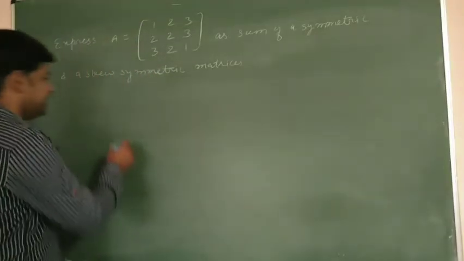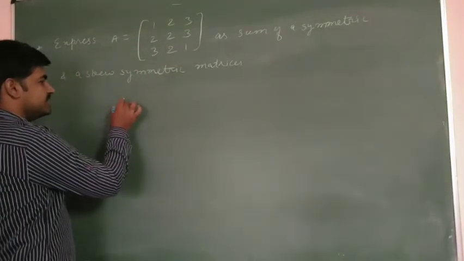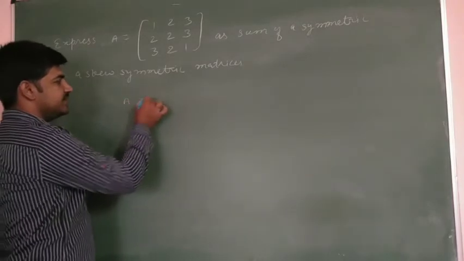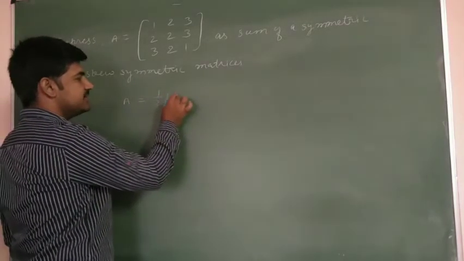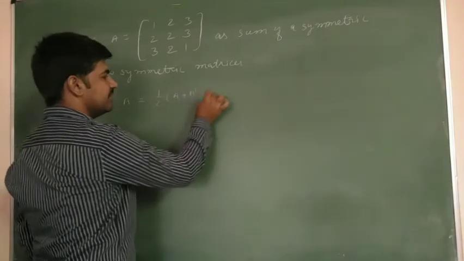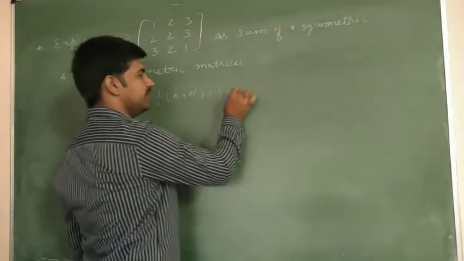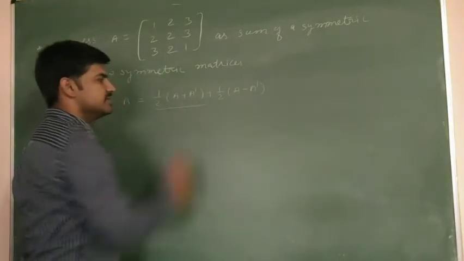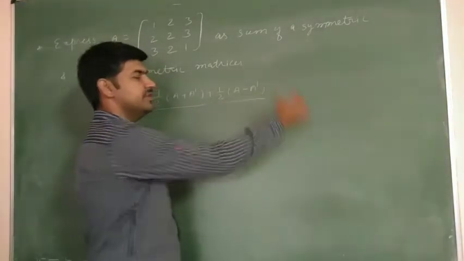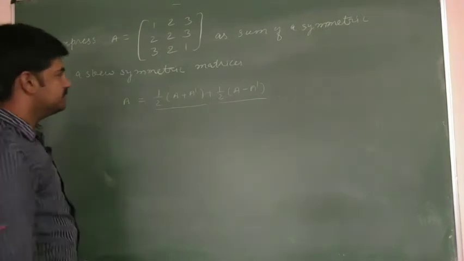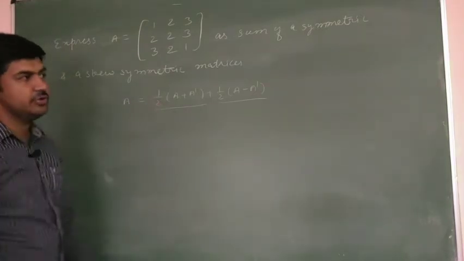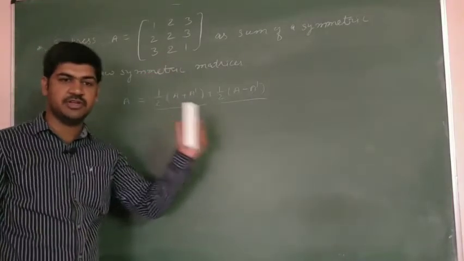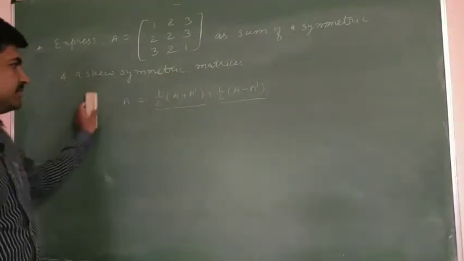So see, there I took a square matrix A and we expressed A as half of (A plus A dash) plus half of (A minus A dash), where this one was symmetric and this one was skew symmetric matrix. So this particular theorem we are going to use to express this square matrix as a sum of symmetric and a skew symmetric matrix. So here I go.